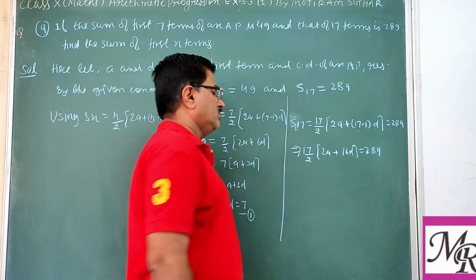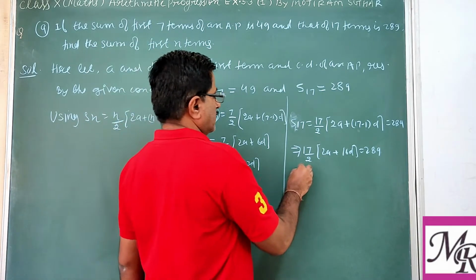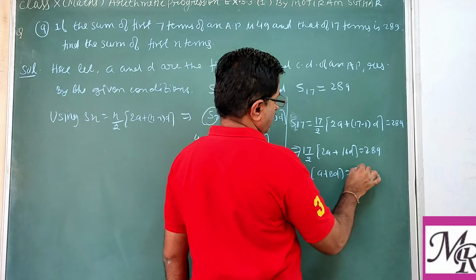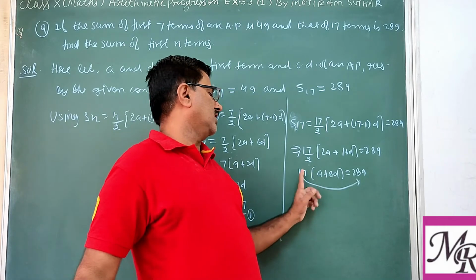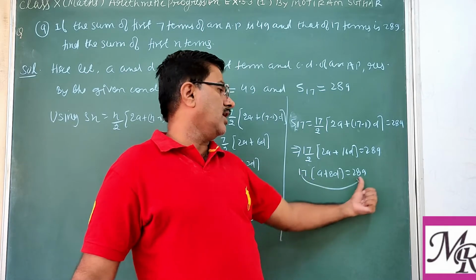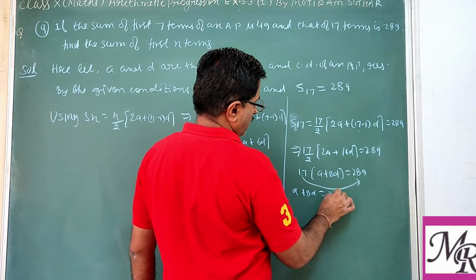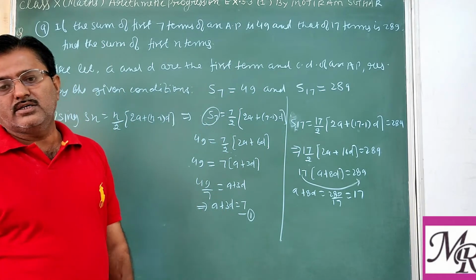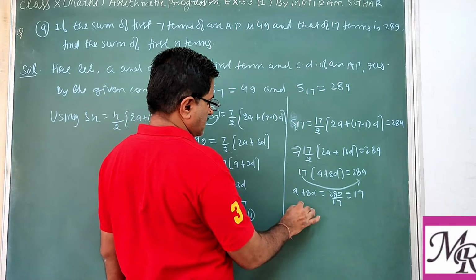Now again here also we have to divide 2a by 2 and 16d by 2. So 17 into a plus 8d equal to 289. Now this 17 we transfer to this side because here both are in multiple form. So when you transfer to the right hand side, this will be in the denominator. So what we get, a plus 8d, 289 divided by 17, that is 17. 289 is the square of 17. So if you divide by 17, you get 17. So this is the second equation.